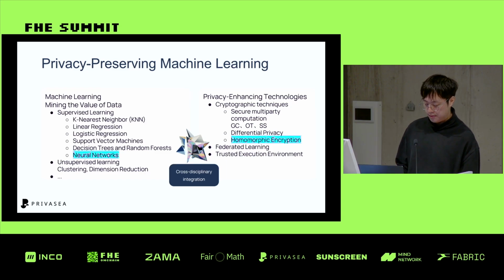It allows multiple parties to jointly compute a function over their inputs while keeping those inputs private. And differential privacy adds noise to data to protect the output privacy. But today, we will focus on homomorphic encryption, which is the key technique in Privasea.